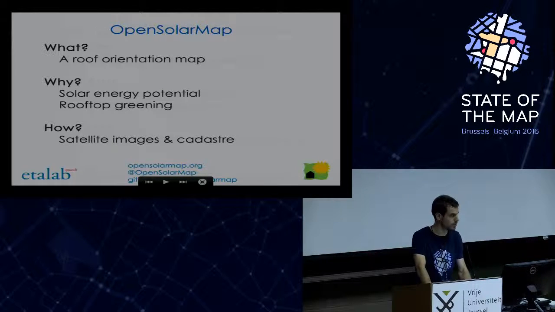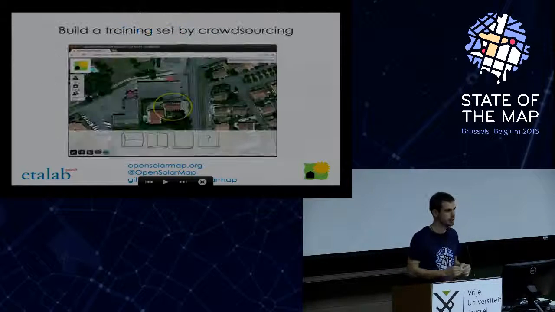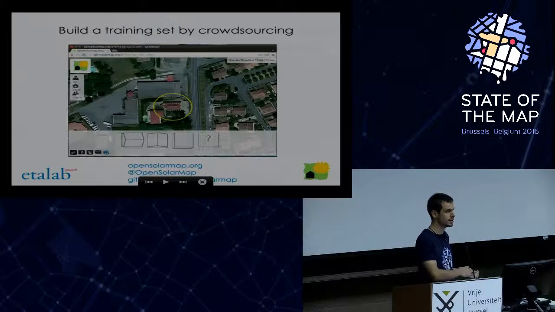And which data do we use? Satellite images and cadastre. It's a map in France used for the tax system. If you want to use machine learning on images, typically you need a training set of several thousand images, and then you can generalize on new images.